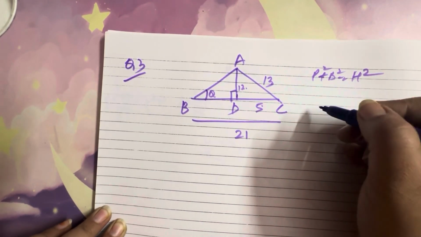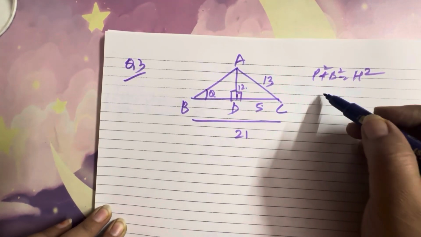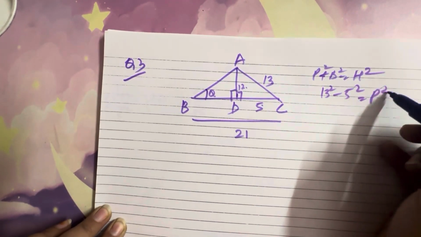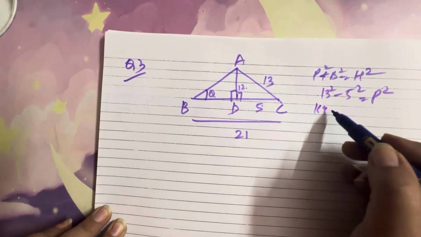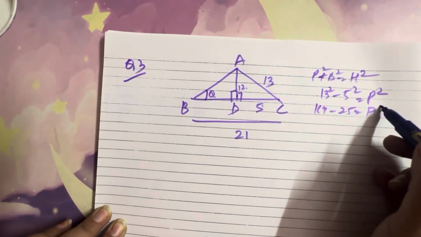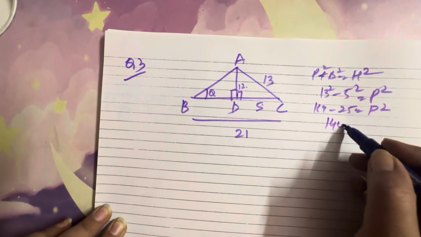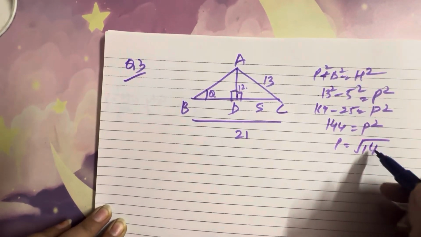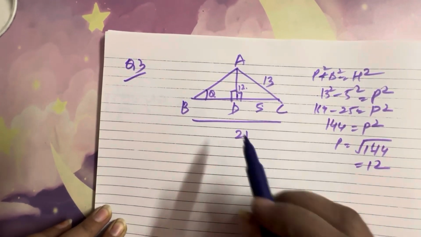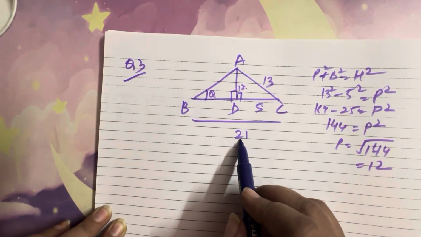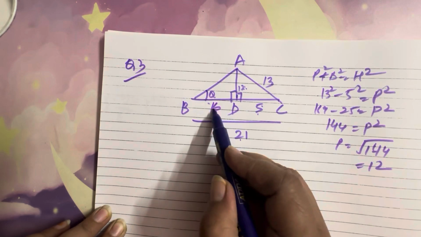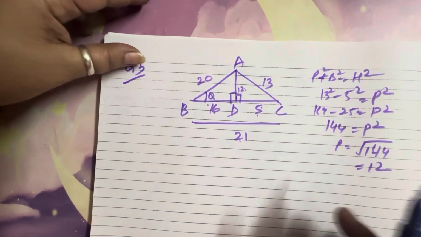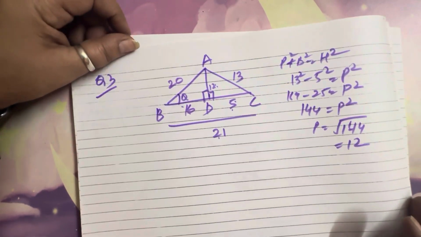Hypotenuse and base are given, and this is a 90 degree. So 13 square minus 5 square will be perpendicular square. 13 square is 169 minus 25, is equal to perpendicular square. 144 is equal to perpendicular square. So perpendicular is under root of 144, that is 12. So this side will be 12. 12 plus 5 is 16, and this side will be 20, by the Pythagoras theorem we have done in our last question.